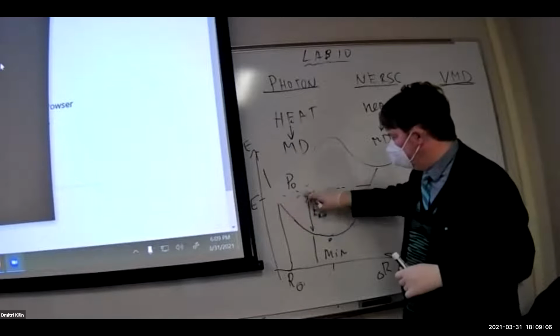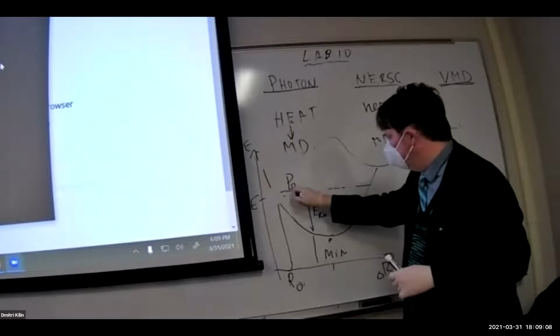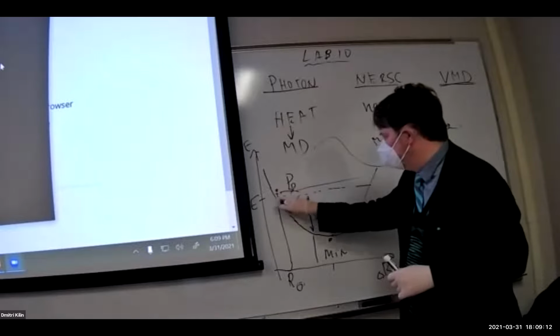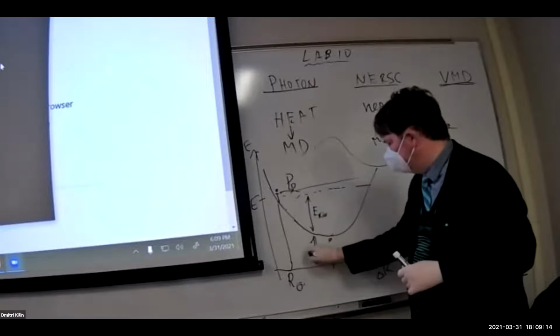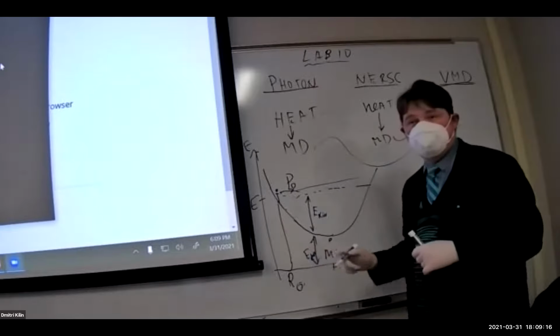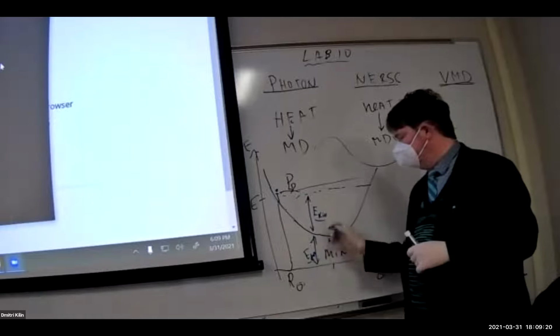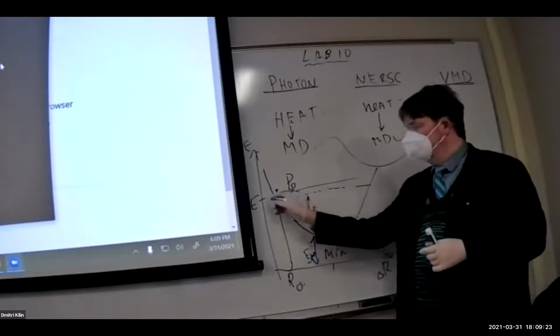As I was drawing, it should be a little so that at initial time there is zero kinetic and maximal potential. Right. So their relative partition may change, but overall energy is constant.